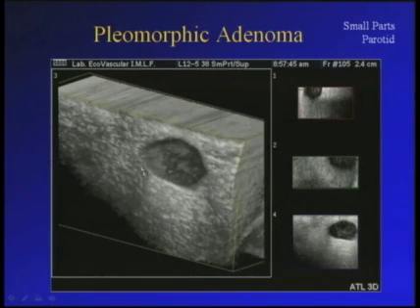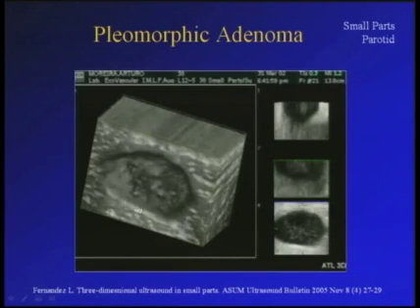And then we can make the different slices or digital subtraction, and we can obtain this kind of image, and we can even navigate inside the lesion and calculate the volume of the lesion and the diverse components inside this tiny pleomorphic adenoma.